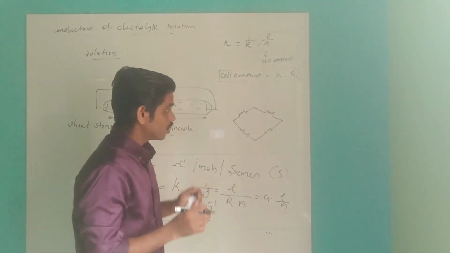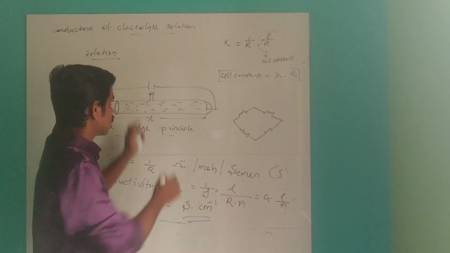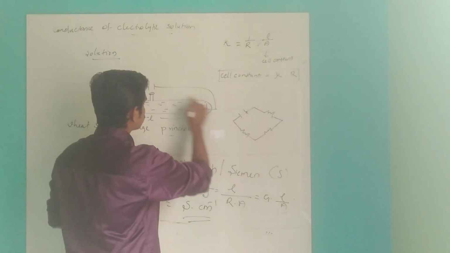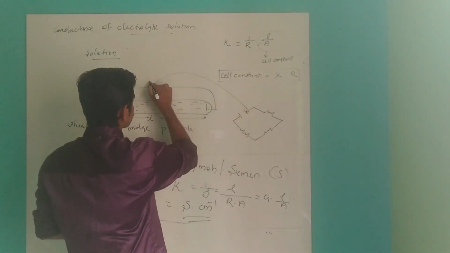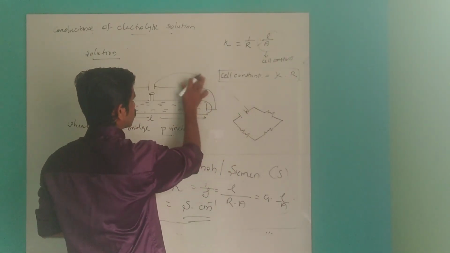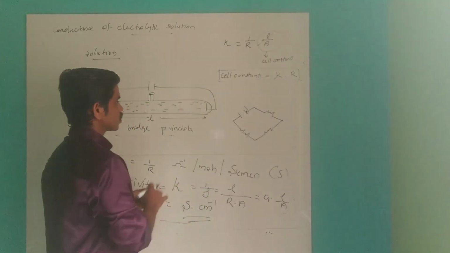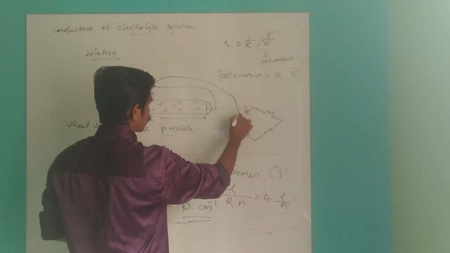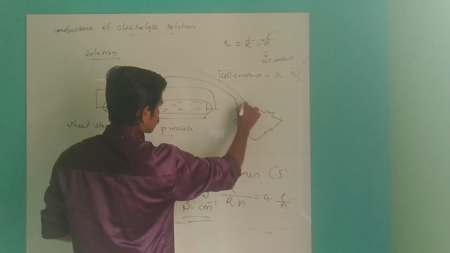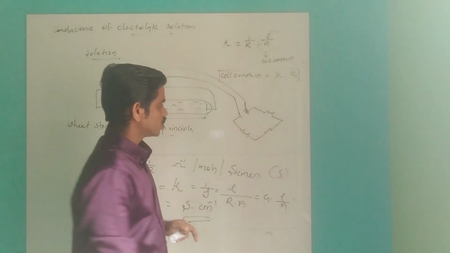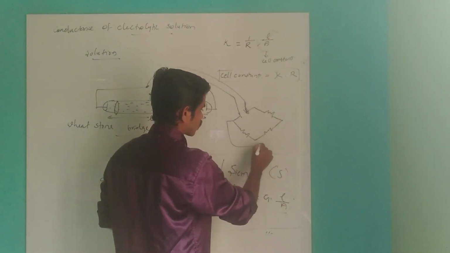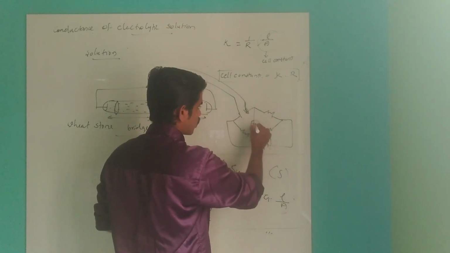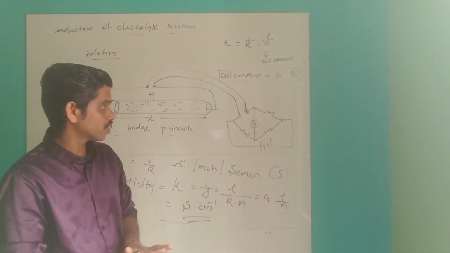You connect the cell with this Wheatstone bridge, and a galvanometer is connected here.